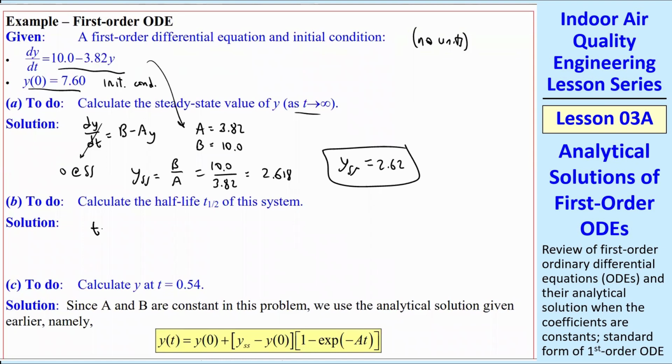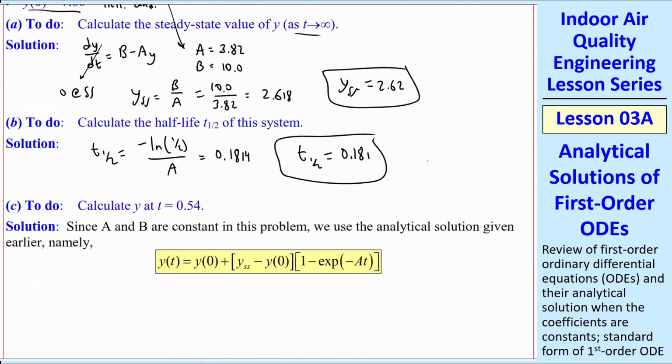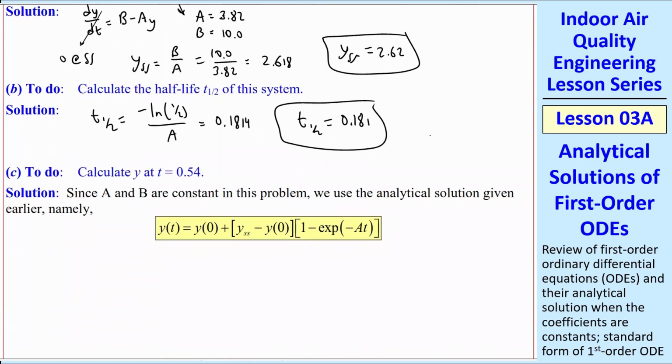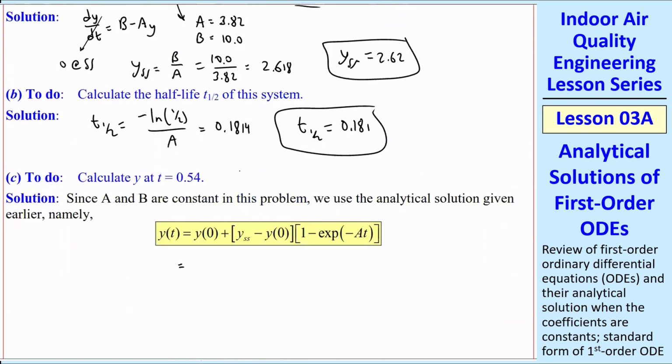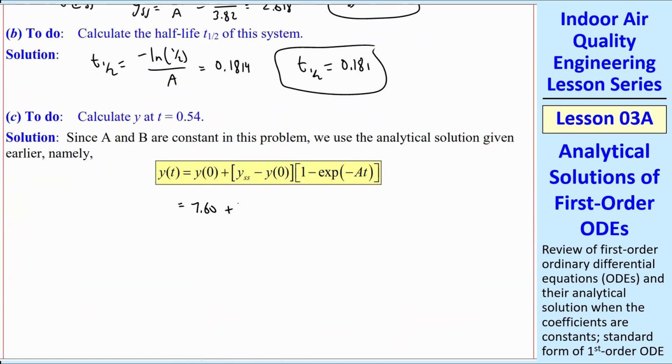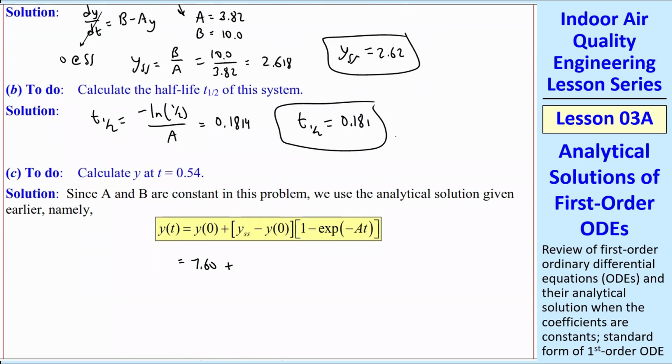Calculate the half-life. t1/2 is minus log 1/2 over a from the equation I gave you, and that turns out to be 0.1814. So again, to 3 digits, t1/2 is 0.181. Now let's calculate y at the time of 0.54 seconds or minutes, whatever this is. So we'll use this equation that I gave before and just solve. So y0 was given as 7.60 plus y steady state, we just calculated up here as 2.618.